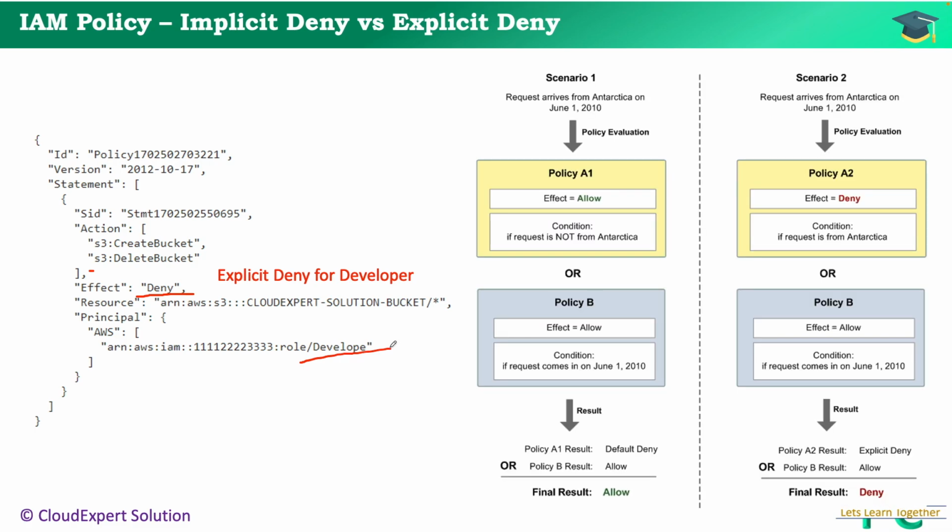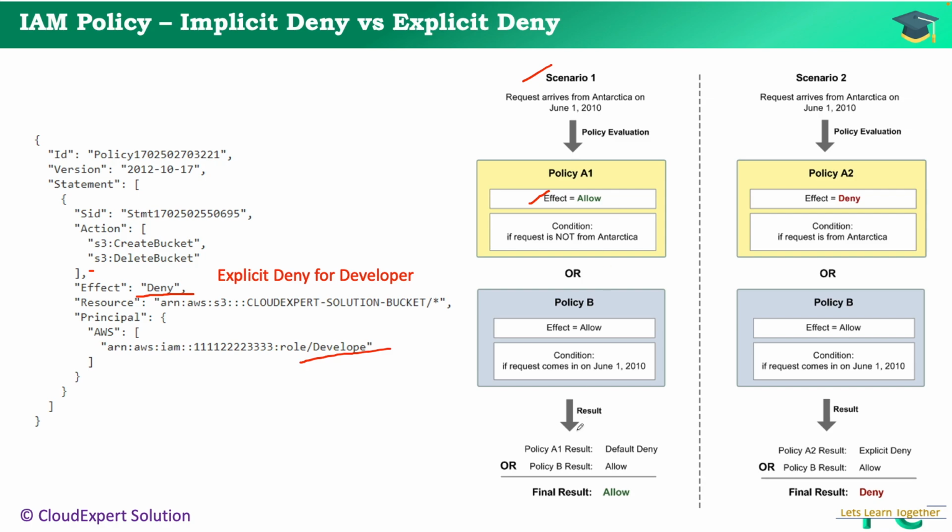Now let's dive a little bit more into explicit deny and implicit deny. Let's consider scenario 1. I have two policies, where policy A1 is giving allow permission. That means I am explicitly allowing, and the condition is if the request is not from Antarctica.